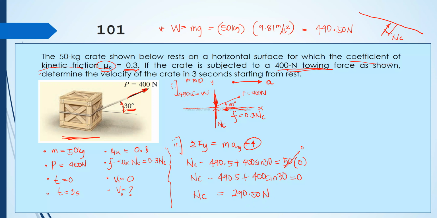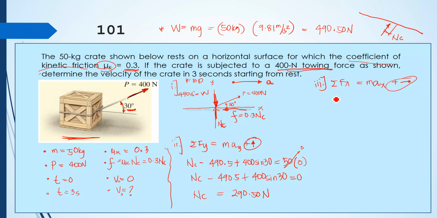So we already have our normal force. Then let's sum forces along x. The summation of forces along x is equal to the mass times the acceleration along x. So let's say forces along x are positive. What are the forces that act along x?